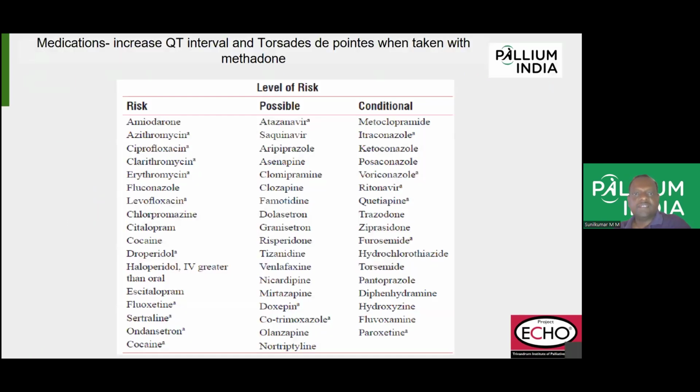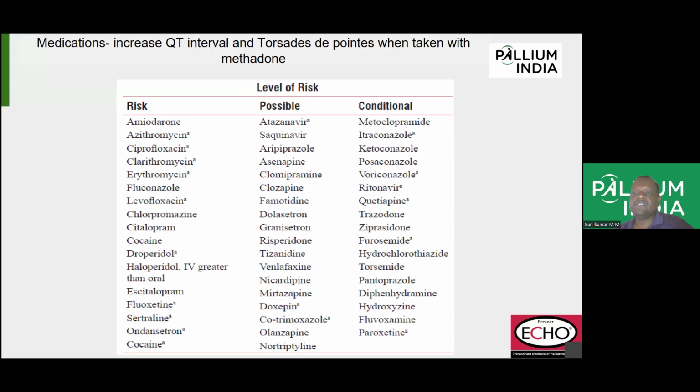So here is a list of medications which can actually increase the QT interval and cause Torsades de pointes. You can see these are common medications which we use in palliative care. Fluoroquinolones, ciprofloxacin, levofloxacin, then macrolide antibiotics, azithromycin, erythromycin, clarithromycin, then SSRIs, citalopram, fluoxetine, sertraline, then ondansetron, haloperidol.